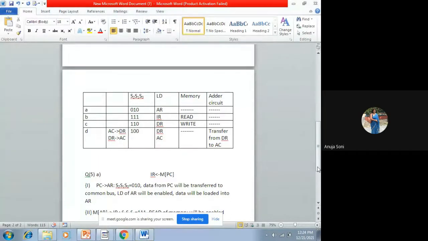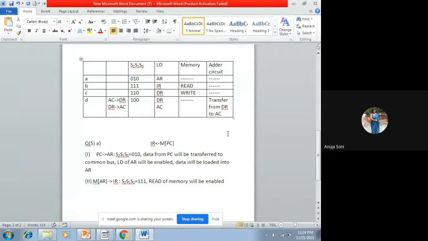First of all, the data will be transferred from PC to AR, and afterwards from M of AR to IR. And the way I had explained earlier in the context of the common bus system, you can write down these micro operations. And similarly from M of AR to IR, how will it happen? First of all, the value of S0, S1, S2 will become 7.